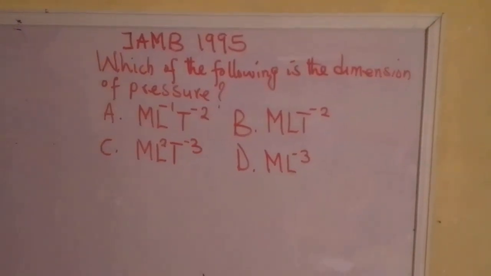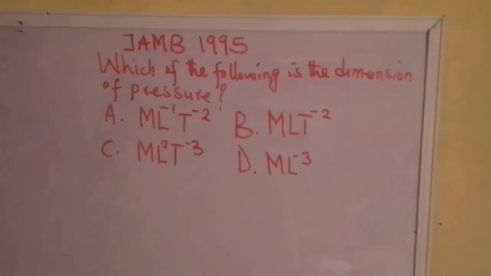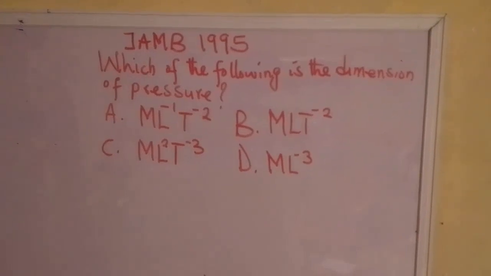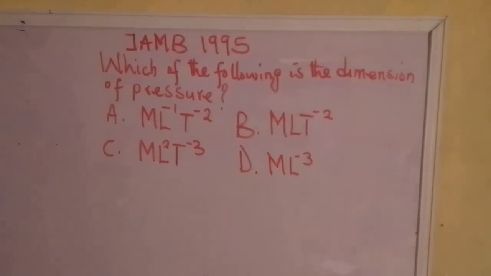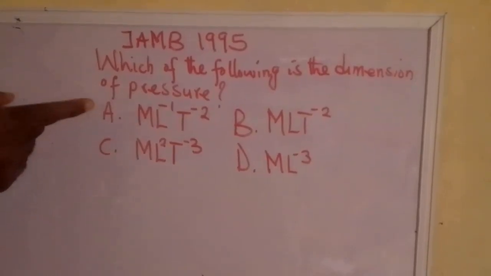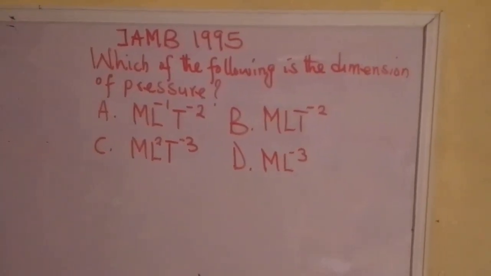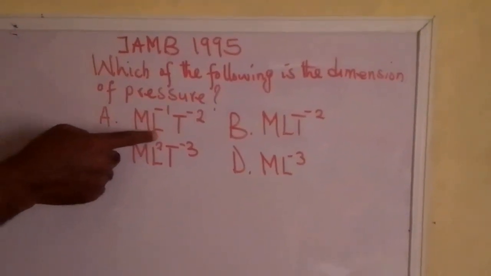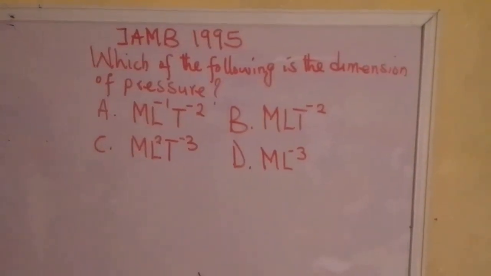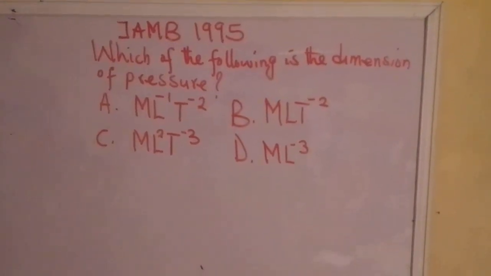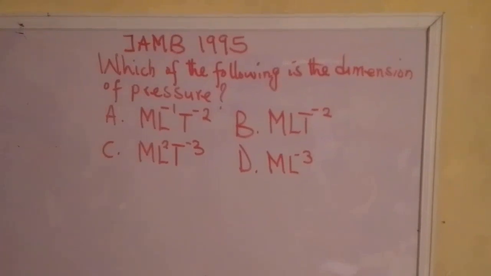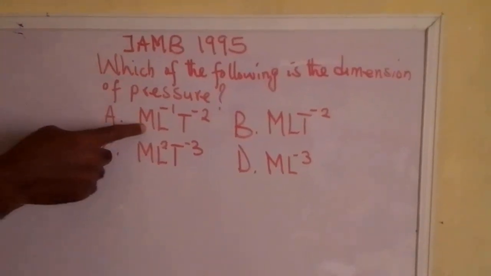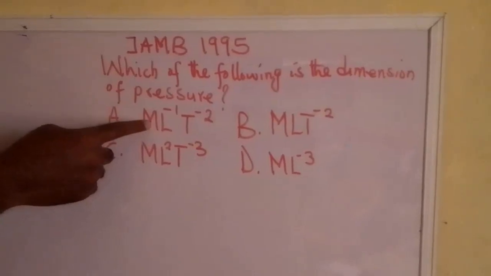Which of the following is the dimension of pressure? They gave us options A, B, C, D. Now when you look at the options, you see they're using capital M, capital L, and capital T. Why? Because in dimensions, capital M represents mass.